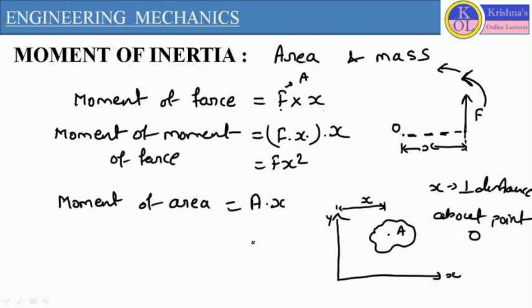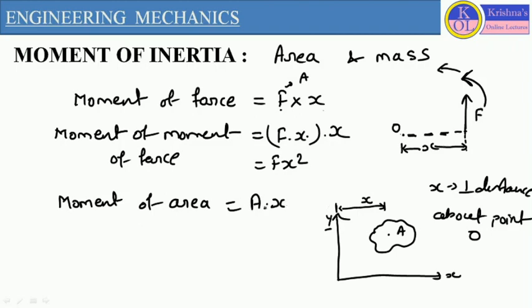Moment of area we can define for a complete area of the plane or for the object, and it is multiplied by the perpendicular distance from the reference axis. Let us consider the y-axis as the reference axis. This x distance is represented as the perpendicular distance. If we want to define the moment of area about the reference y-axis, it will be A into x.